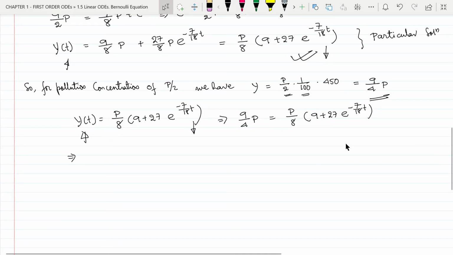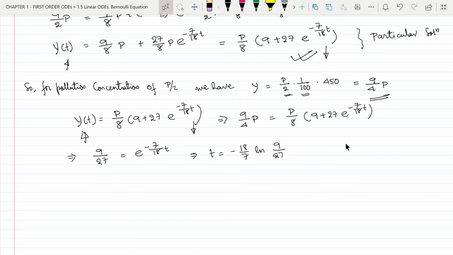This implies 9 by 27 equal to e to the power minus 7 by 18t, which implies t equal to minus 18 by 7 natural log 9 by 27, and this is equal to 2.825 years, and we can convert this 2.852 years into months also.